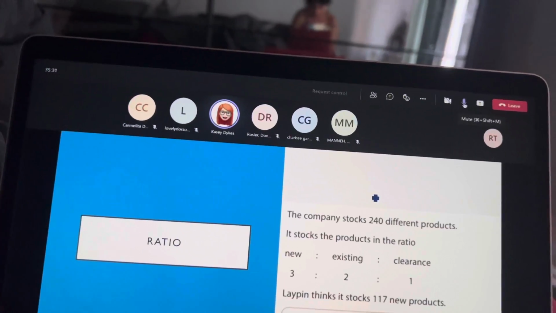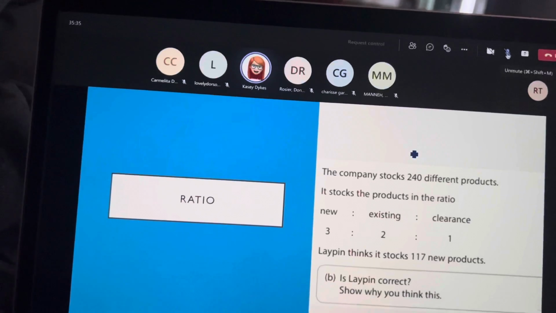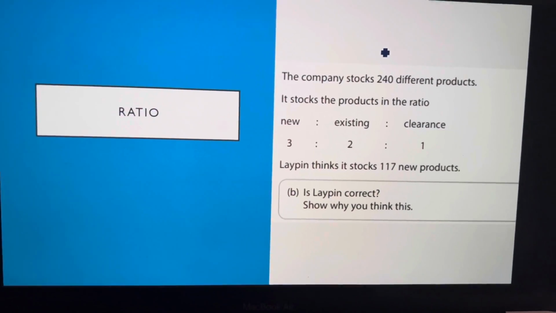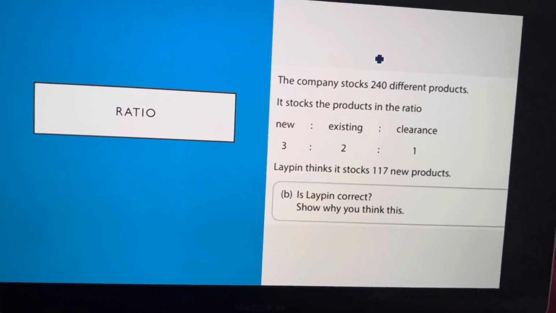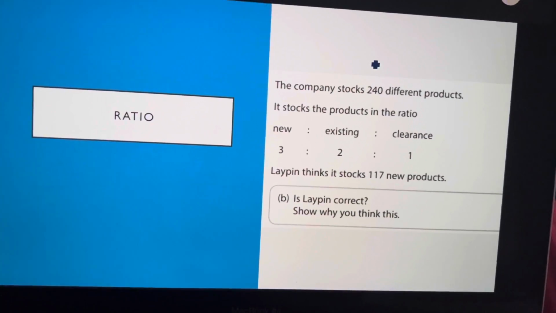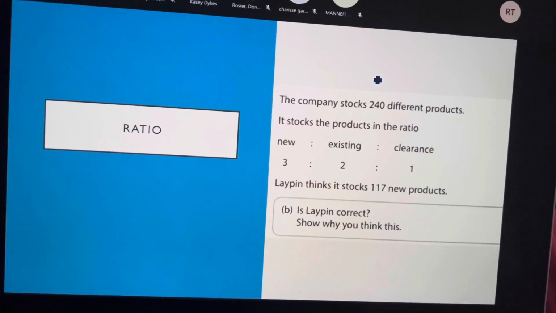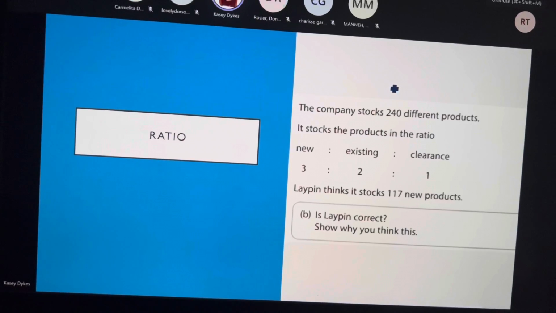Here's our next one, a ratio question. A company stocks 240 different products, and they're stocked in the ratio new 3, existing 2, and clearance 1. Lapin thinks it stocks 117 new products. Is Lapin correct? And show why you think this.